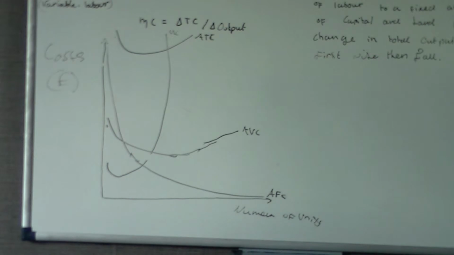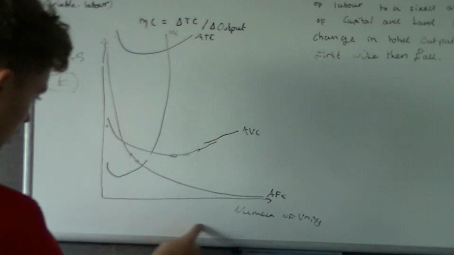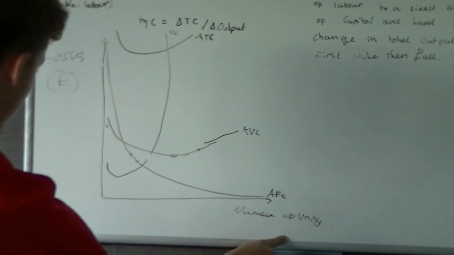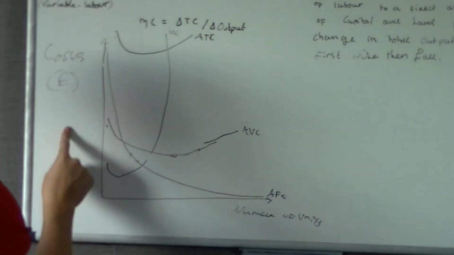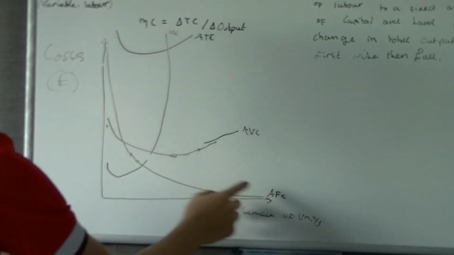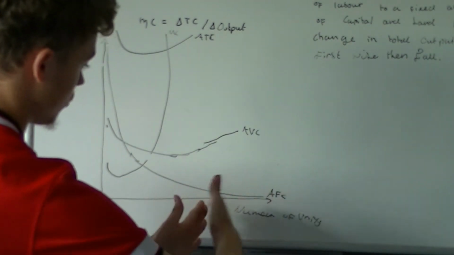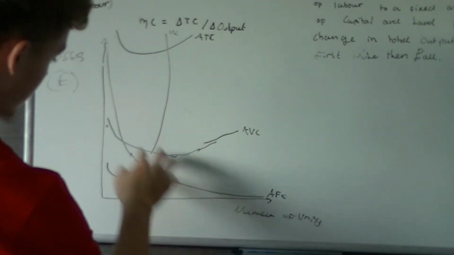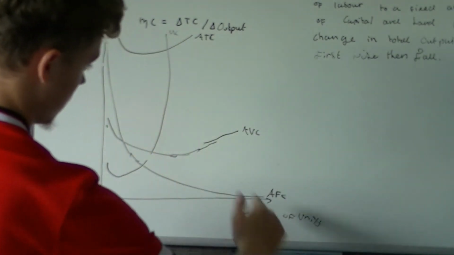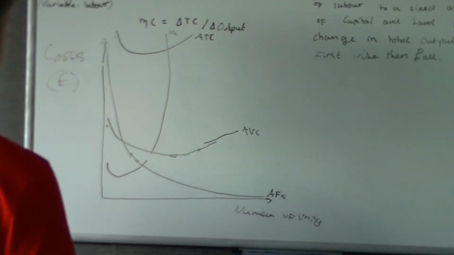So the more units you sell, the lower your average fixed cost is going to be. As we move along the x-axis, the average fixed cost goes down, and the effect is not as great when you get into really high units of output. That's why it's not a constant horizontal line.